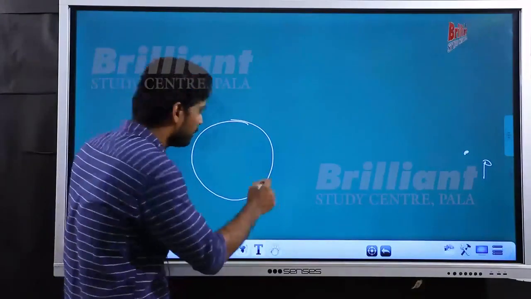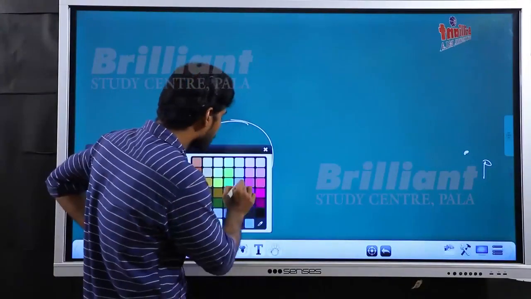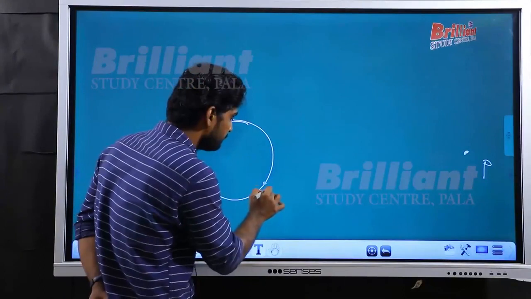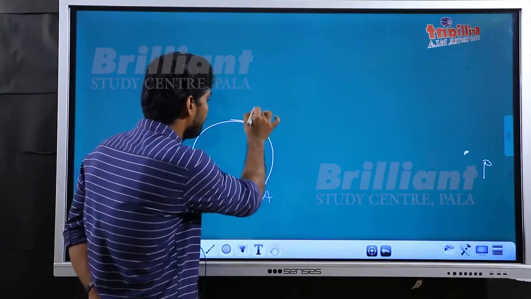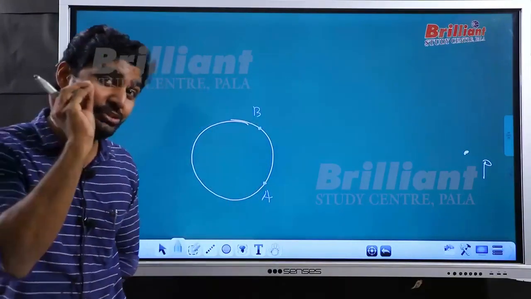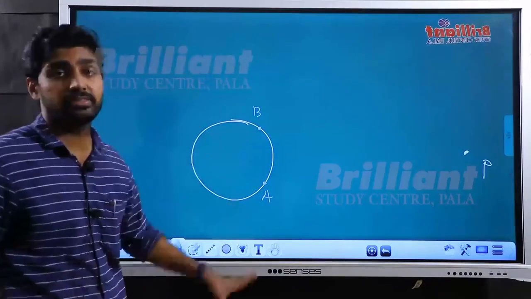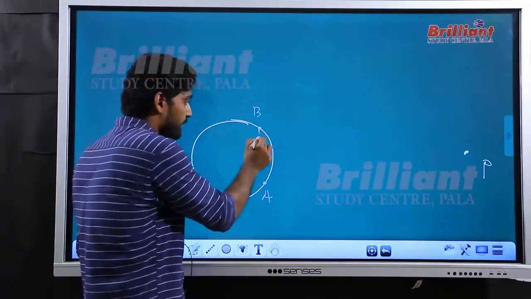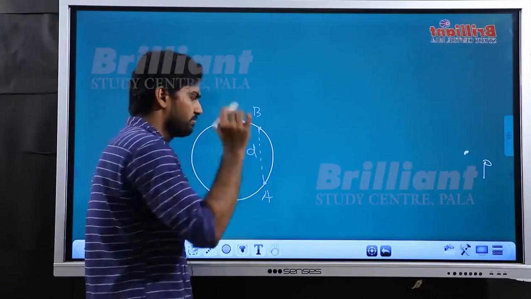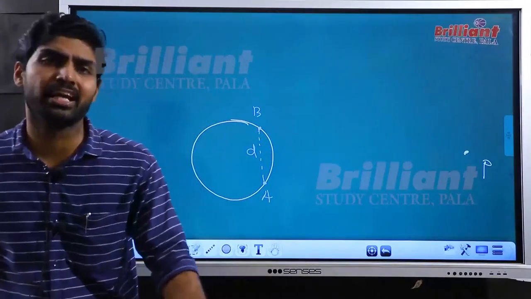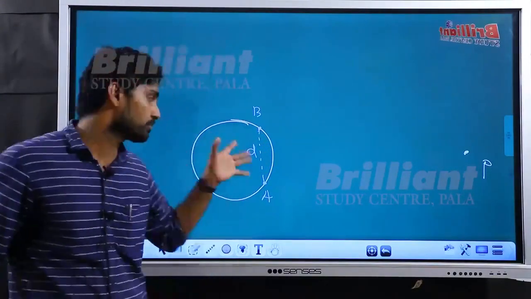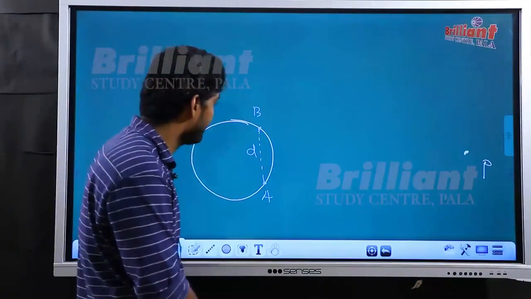So let's consider two observatories, A and B, at different points on the Earth. The distance between them, let's call it D. We'll be able to easily calculate D because both the observatories are on the surface of the Earth.